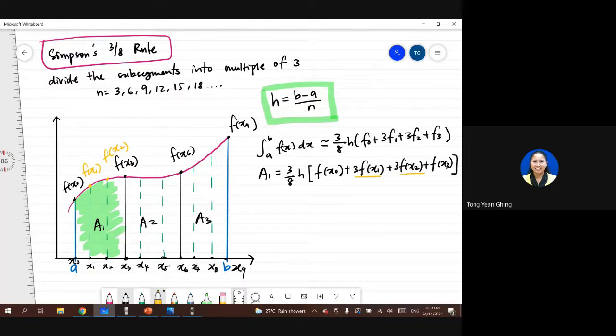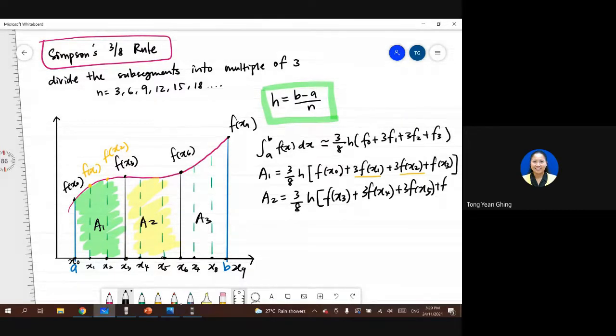Okay, and now go to find the value of A2. So A2 is equal to 3 over 8H times Fx3 plus with 3 Fx4 plus with 3 Fx5 plus with Fx6.